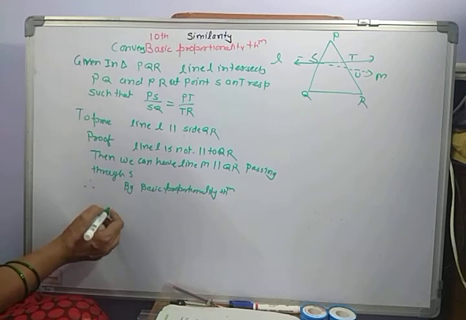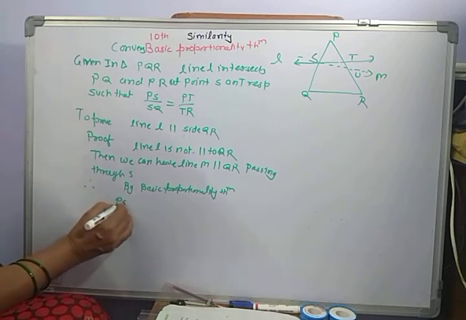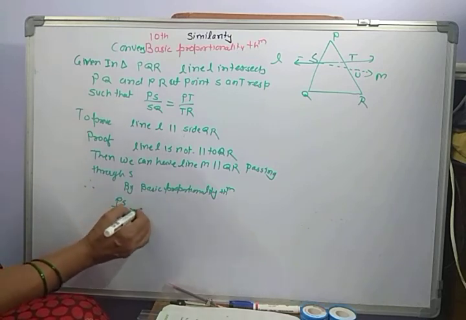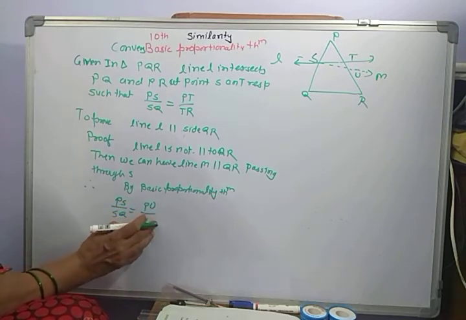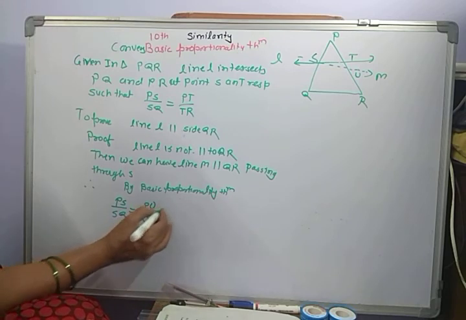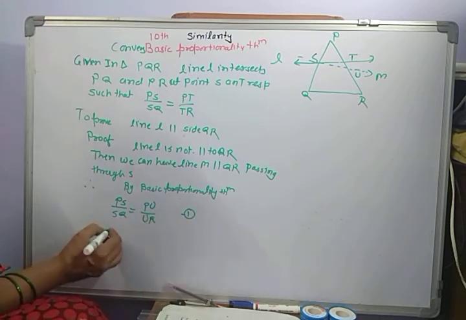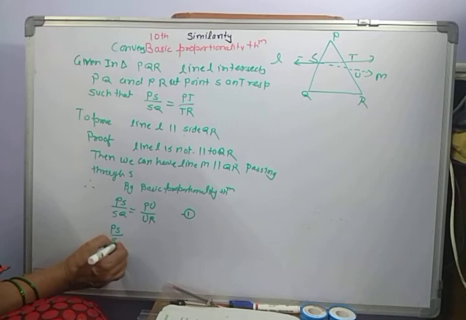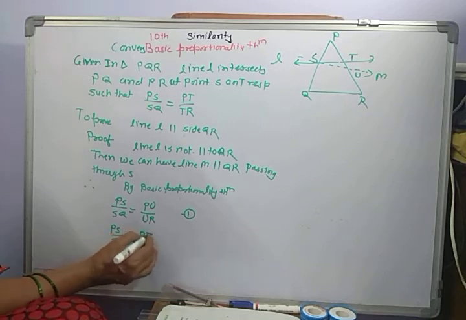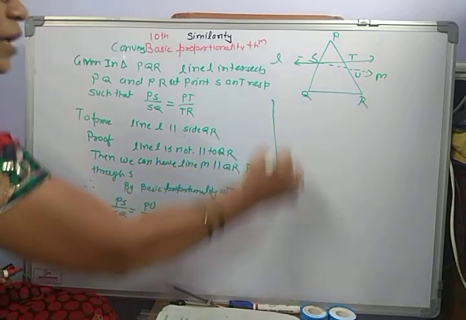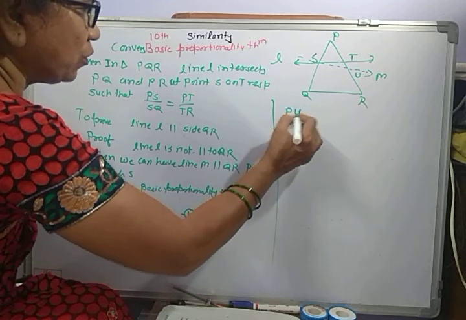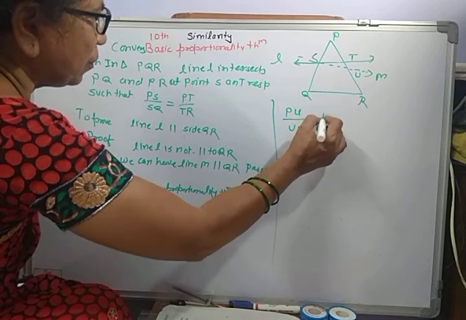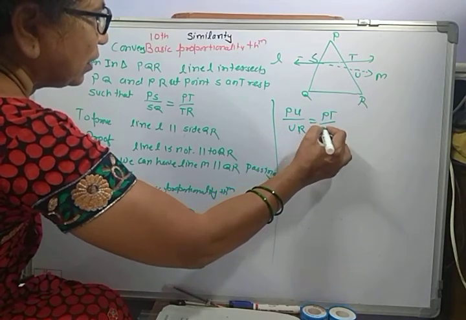So by the basic proportionality theorem, PS upon SQ is equal to PU upon UR. But we are given that PS upon SQ is equal to PT upon TR. Therefore, the right hand sides must be equal, that is PU upon UR is equal to PT upon TR.